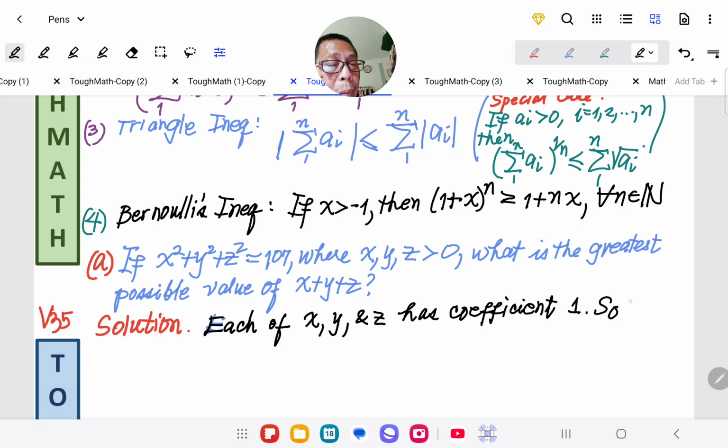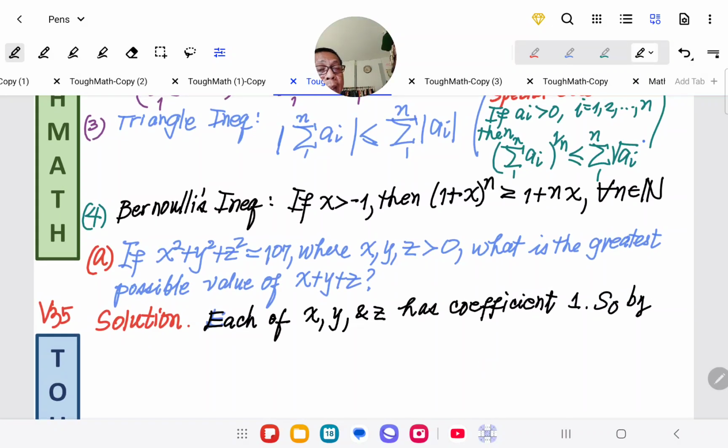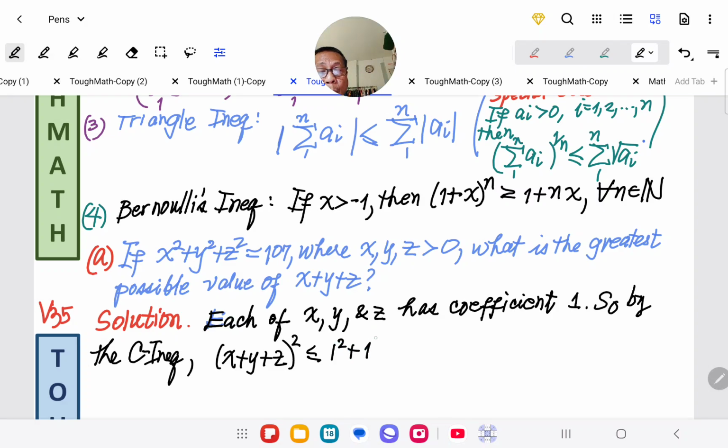So by Cauchy's inequality, (x plus y plus z) squared is less than or equal to the sum of the squares of the coefficients, which are all ones, times the sum of the squares of the variables, x squared plus y squared plus z squared, which is given to be 107.